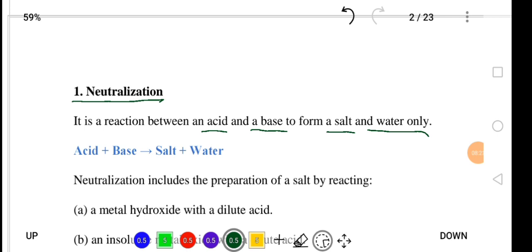So they are basic salts that are able to react with acids also to form a salt under neutralization, as I am going to explain as we go.